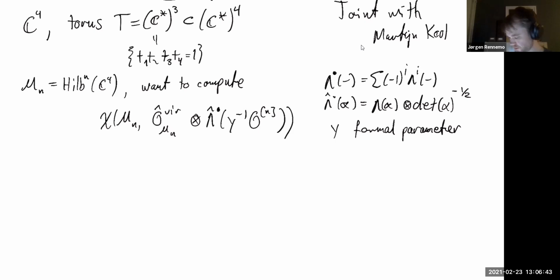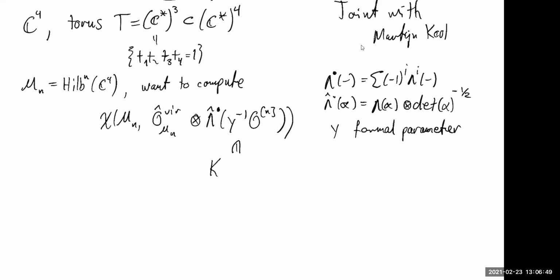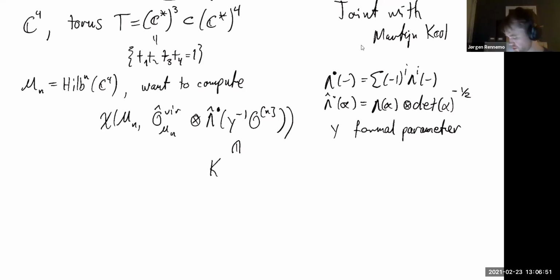This Euler characteristic here is defined via localization. Sorry, what is O n in this bracket? Good. Let me also specify this thing.